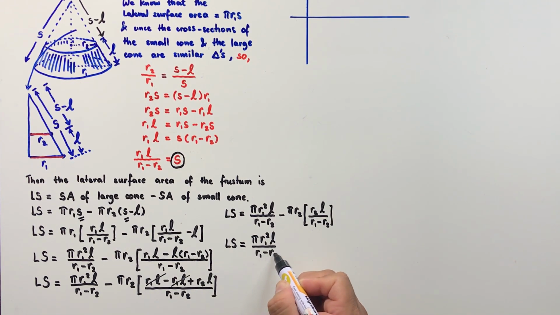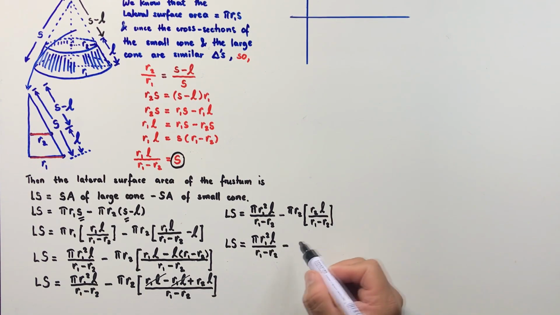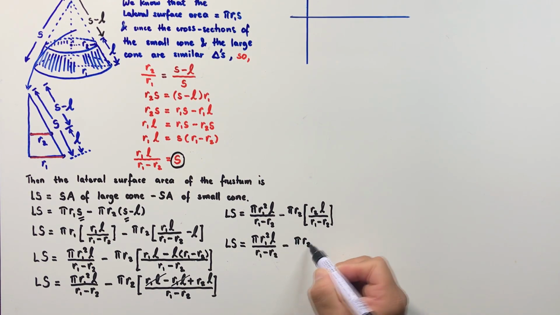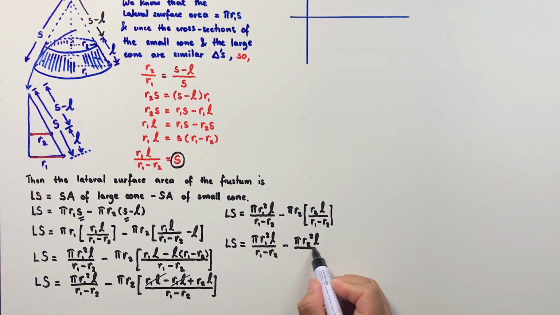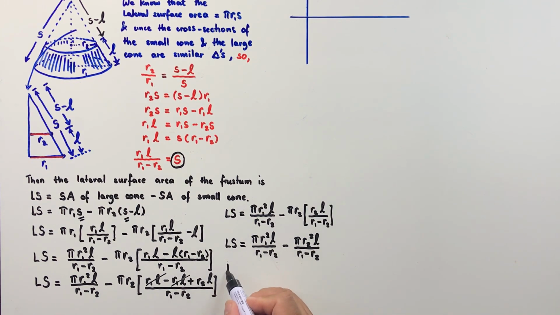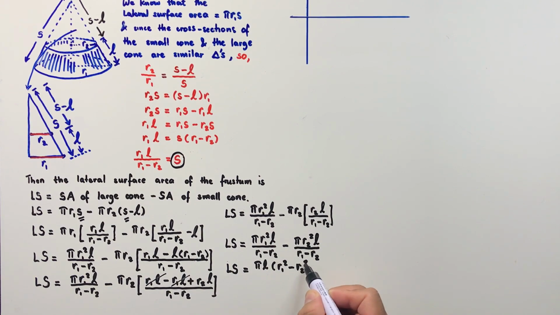So our lateral surface area of the frustum is pi r sub 1 squared L divided by r sub 1 minus r sub 2 minus pi r sub 2 squared L divided by r sub 1 minus r sub 2. And since the two fractions have the same denominator, we can combine them as one and factor out the common factors, which are pi L. So this will be multiplied by r sub 1 squared minus r sub 2 squared divided by r sub 1 minus r sub 2.